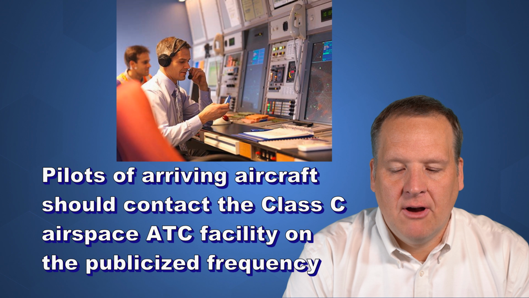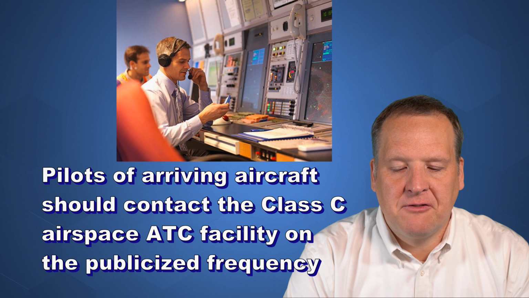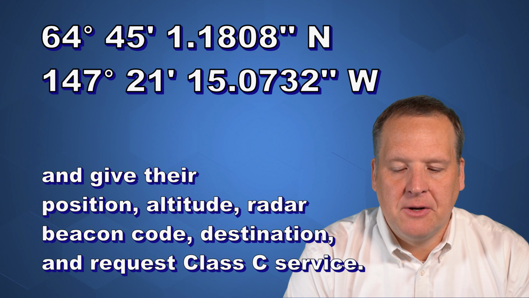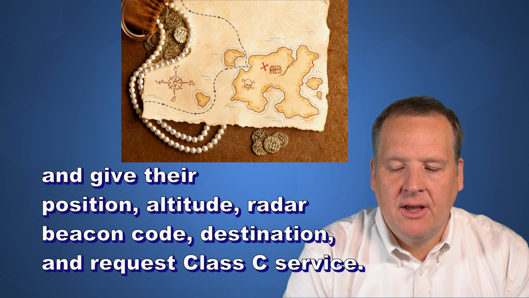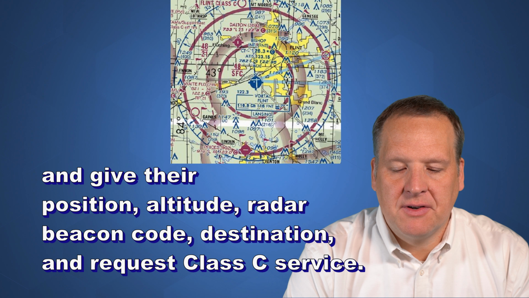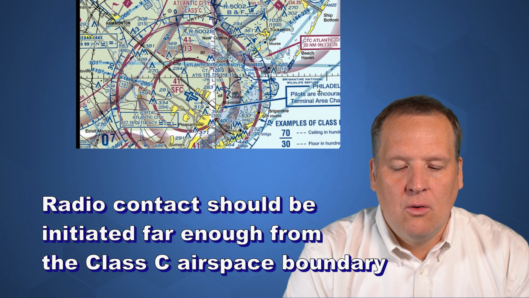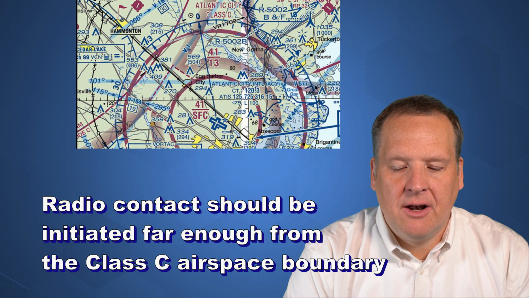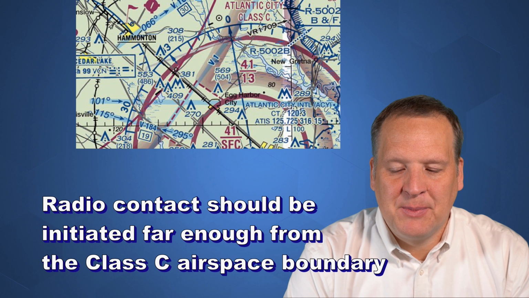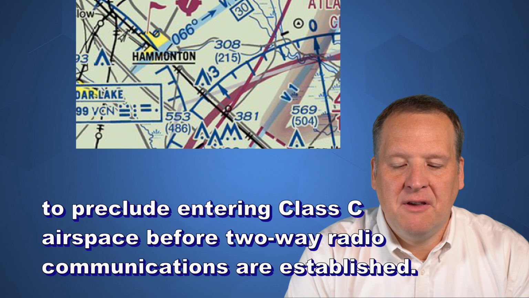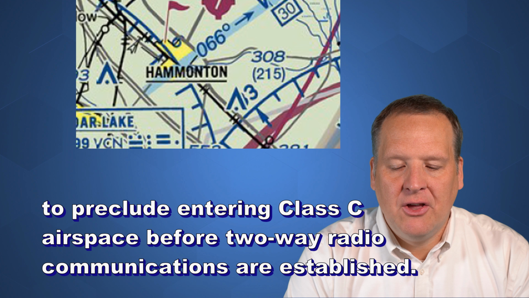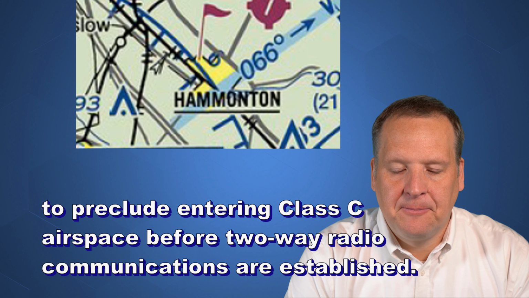Pilots of arriving aircraft should contact the Class Charlie airspace ATC facility on the publicized frequency and give their position, altitude, radar beacon code, destination, and request Class Charlie service. Radio contact should be initiated far enough from the Class Charlie airspace boundary to preclude entering Class Charlie airspace before two-way radio communications are established.